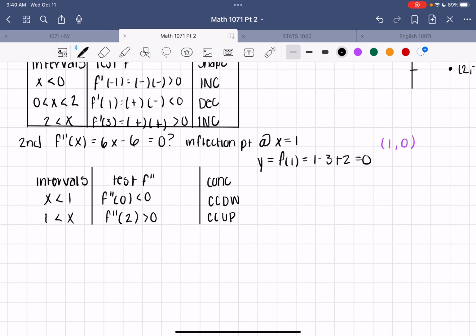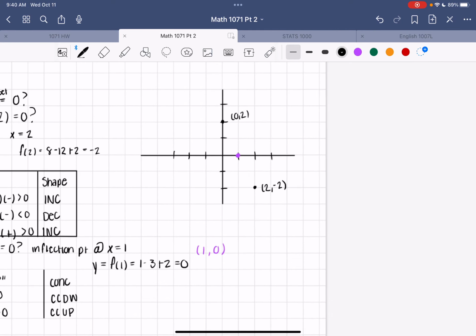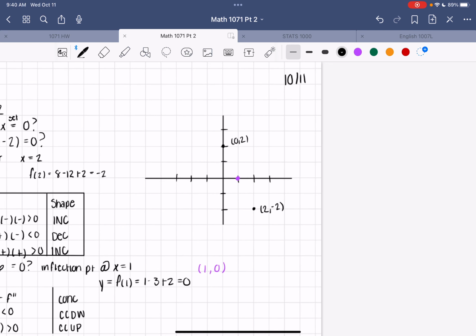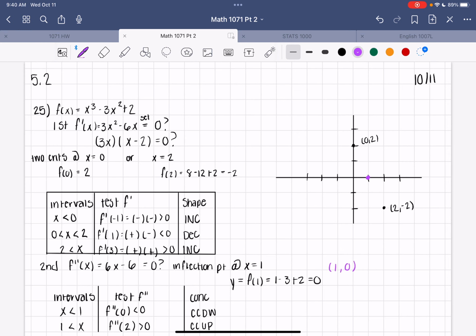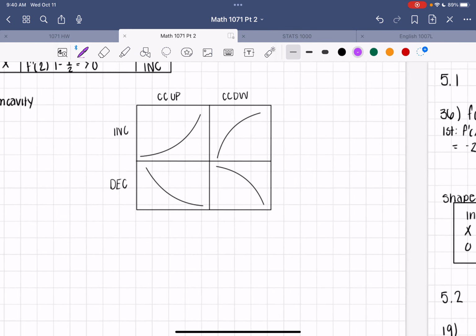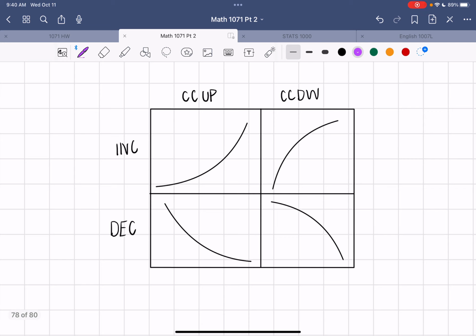I want to sketch an increasing concave down curve. Let me take a different color. I want to sketch an increasing concave down. So what I'm doing, remember when I gave you this table? Those are the 4 possibilities. And you are stringing each of these 4 possibilities between your points.